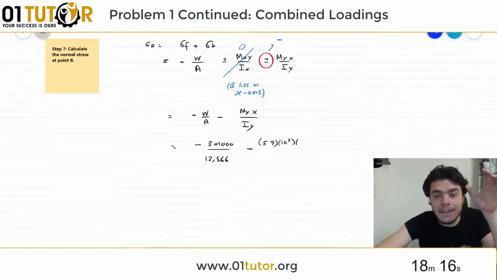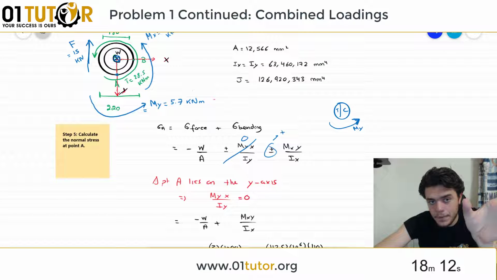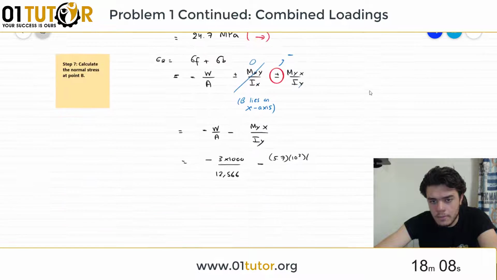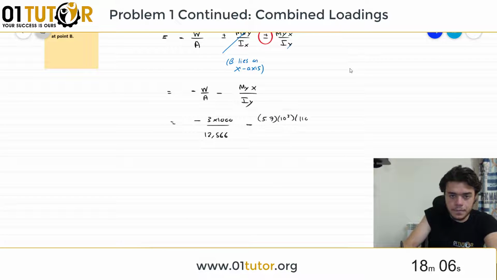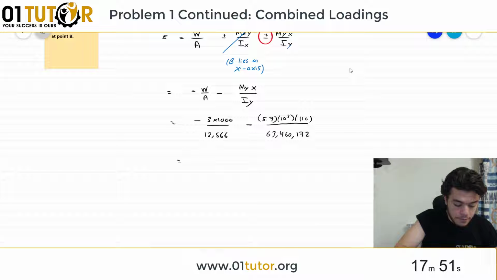is the horizontal distance between point B and the vertical neutral axis. So it's going to be 110. Alright, it's going to be 110 over Iy, which is 63,460,172. And you're going to get an answer which is obviously going to be under compression, alright, because it's going to be a negative.